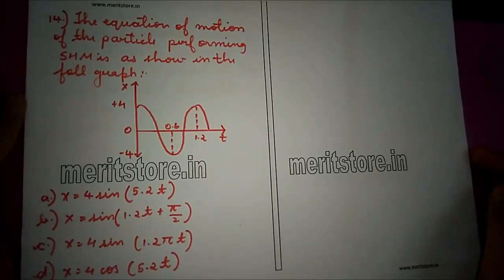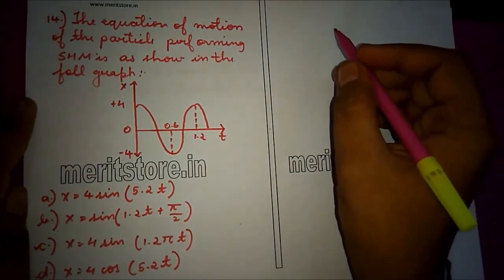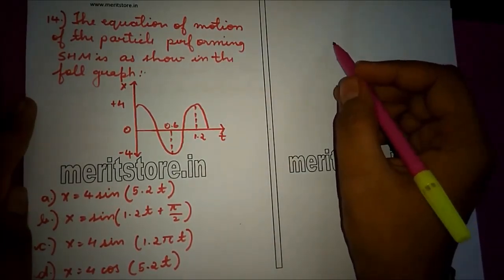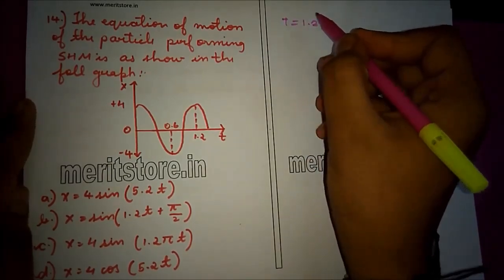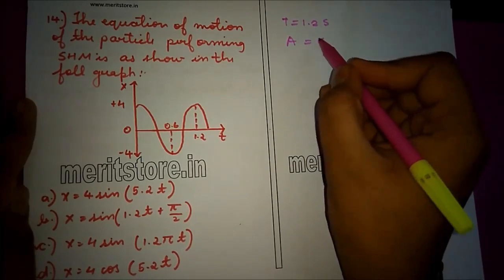Question 14. The equation of motion of the particle performing SHM is as shown in the following graph. Particle starts from extreme position. Period T is equal to 1.2 seconds. Amplitude is equal to 4.